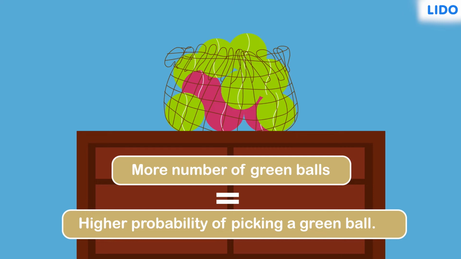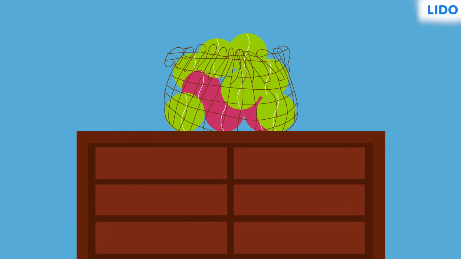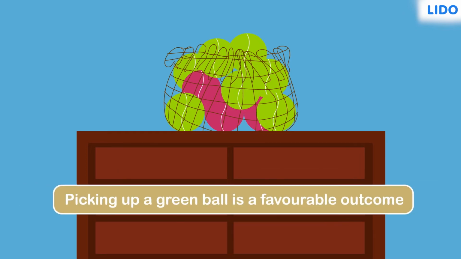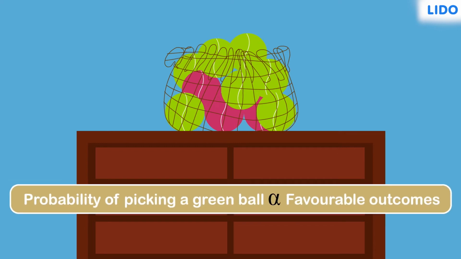The greater the number of green balls, the higher will be the probability of picking up a green ball, right? Now, from the point of view of probability, picking up a green ball is a favorable outcome. So we can say that probability is directly proportional to the number of favorable outcomes.